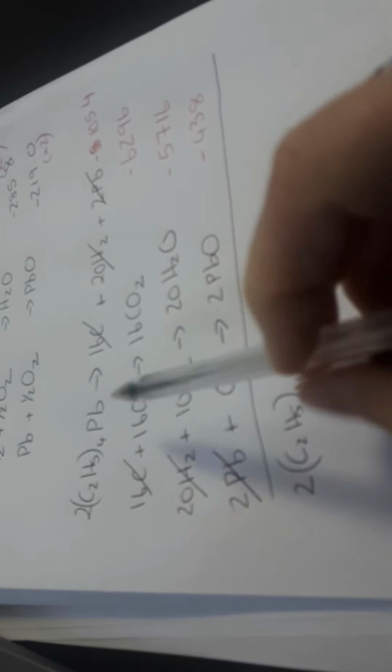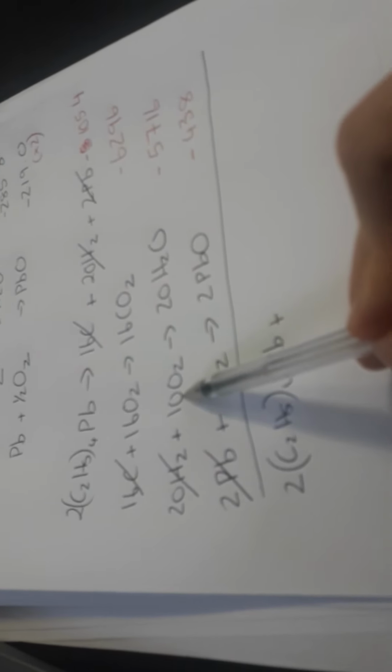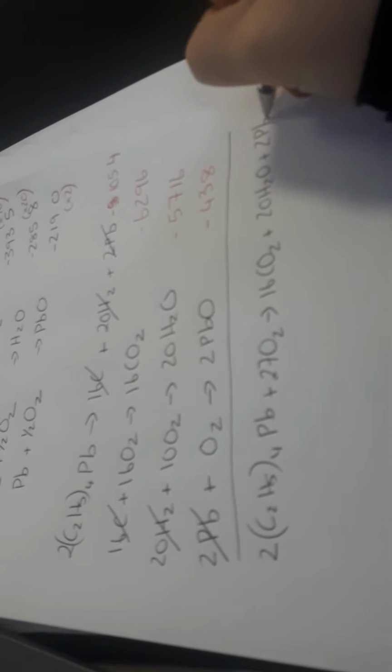So that now means I have 2 (C2H5)4Pb, plus 16 and 10, which is 26, and 1, so that's 27O2. And that goes to 16CO2 plus 20H2O plus 2PbO. And if we look, that is exactly what I have up here. So that's correct.